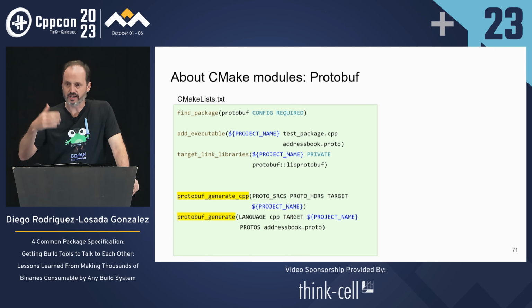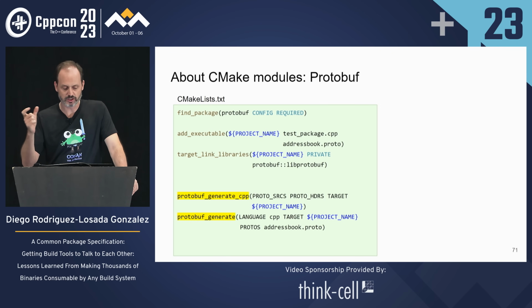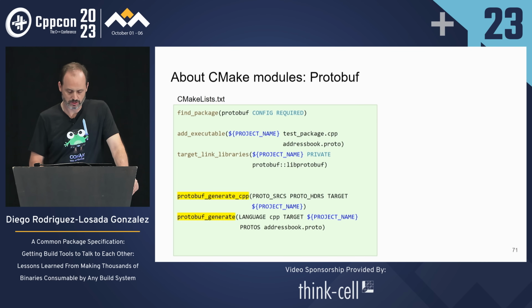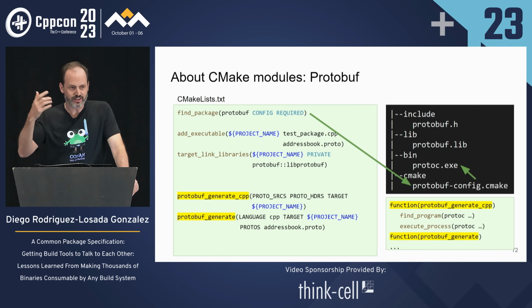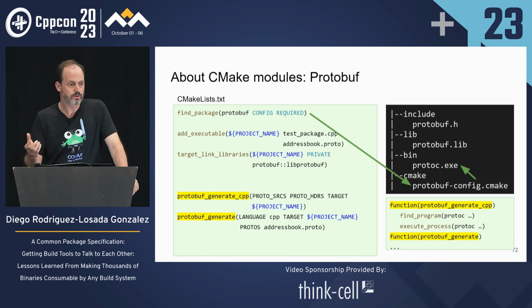But if we check a typical project using protobuf, we will see that it's also using some functions or macros, like protobuf generates CPP, something like that. Where are these functions? If we check the protobuf package, we will see that there is the config CMake file inside of it, defining these functions or macros or including them, but they are part of the package.